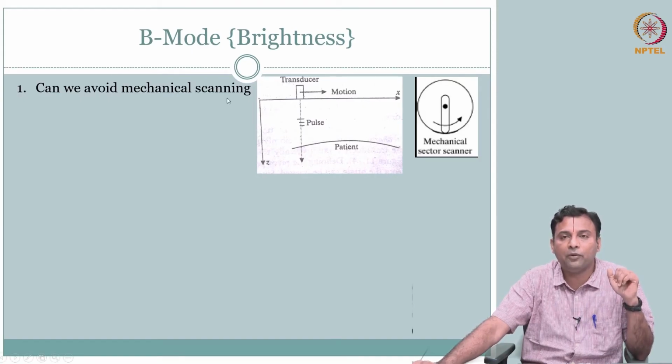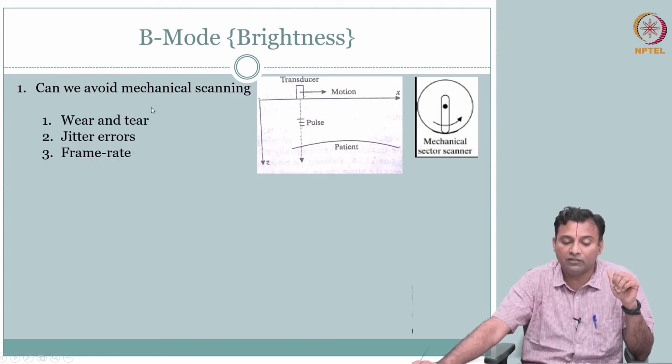So can we avoid, instead of doing this mechanical scanning, very similar if you look at it from first generation CT to the advanced CT that we covered. Similarly, you had one transducer and the transducer had to be moved. Can we avoid this?